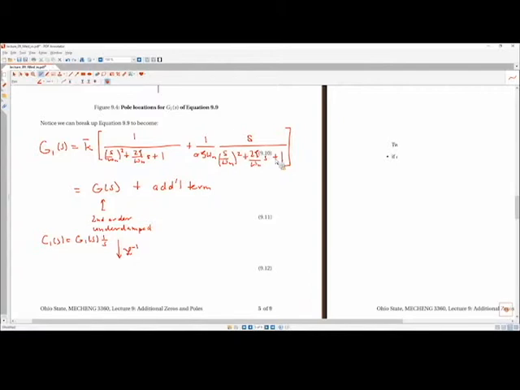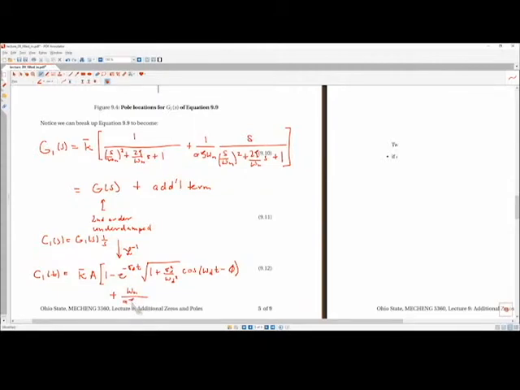And so then our solution is going to look like our standard second order underdamped step response. This is writing it as a single cosine term with a phase shift, plus then a gain.